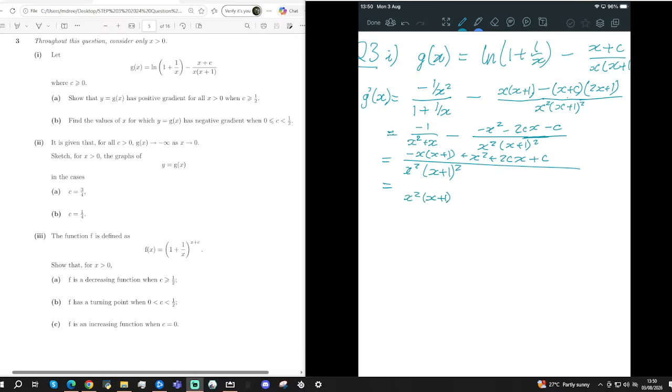Let's have a look what has cancelled this time. We've got a negative x squared. So we're going to be left with no x squared term. And we're going to have a minus x to go with my 2c. Now that should be really pleasing, because that's exactly the condition of c being a half.